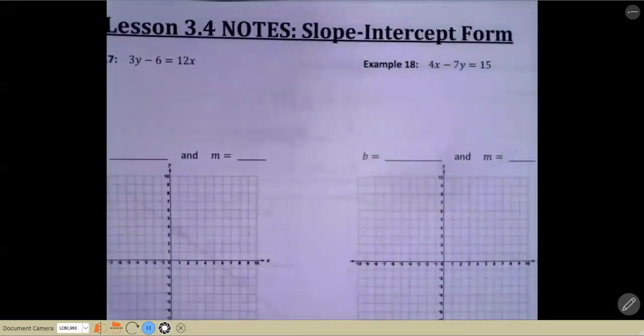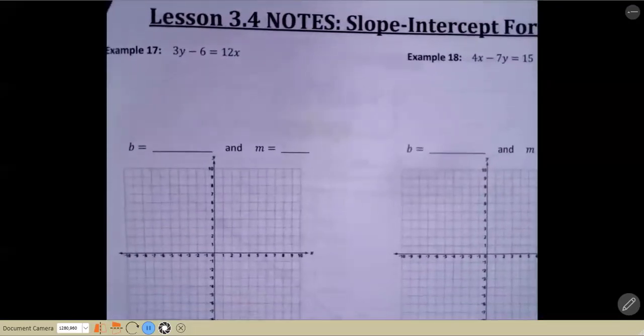I want you to try 18 on your own because you're going to have a y-intercept that's a fraction, so I want you to see if you understand how to graph a fraction. Number 19 also has a fraction and it might get a little bit confusing, and I also want you to practice graphing this.